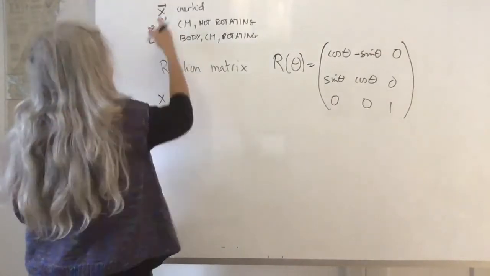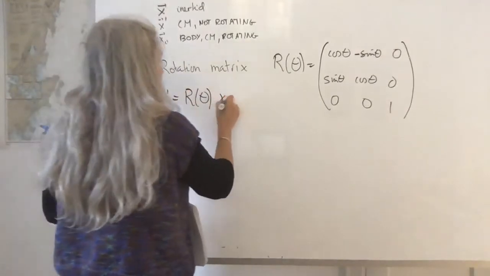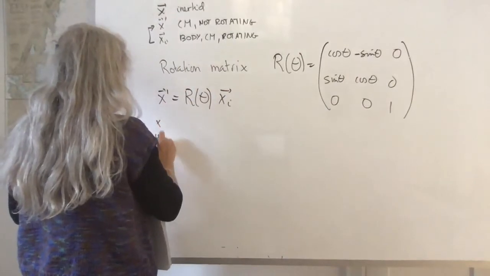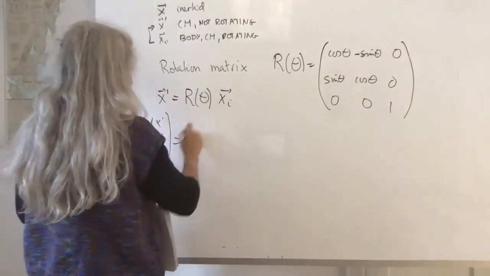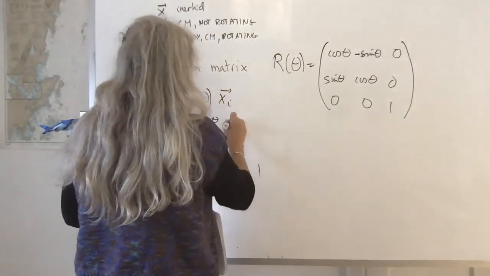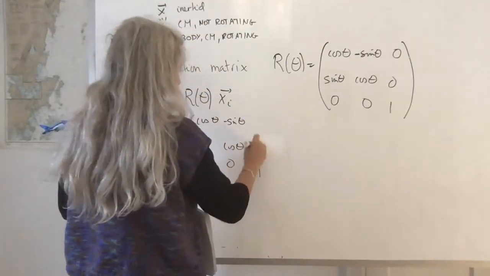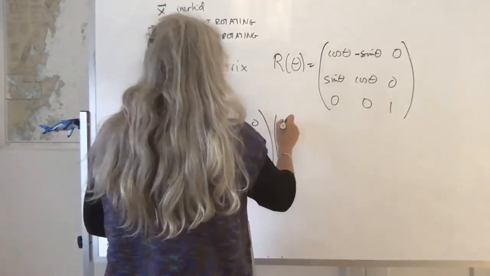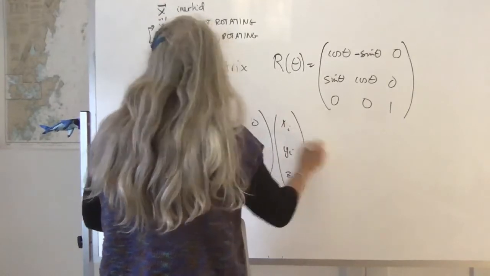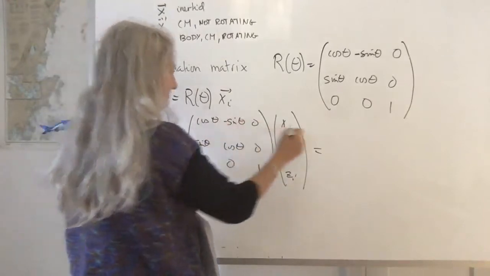So x prime, this coordinate system, is going to be the rotation matrix times the body coordinate system. I can write that out like this, putting the rotation matrix in: cosine theta, minus sine theta, 0, 0, 0. I have xi, yi, zi, the internal body coordinate system. Now I just multiply this out if you want to know what x prime, y prime, and z prime are.